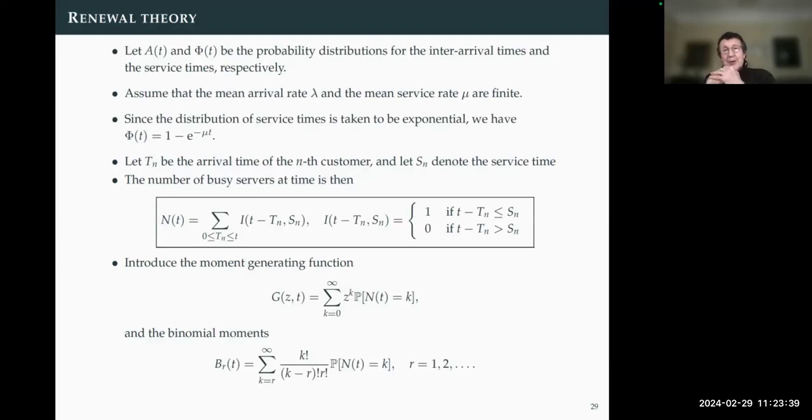Okay. So let me just sketch the basic idea, because you can use queuing theory now to work out what is the steady state number of resources in a given target. And the way one does it is one basically uses generating functions, which are used to basically determine binomial moments. This is just a more convenient thing to calculate.